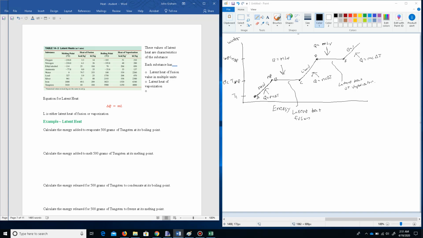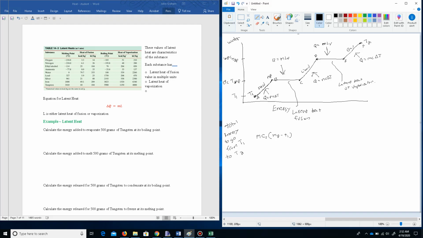And so if I wanted the total heat, so let's say I wanted total energy to go from T1 to T2, and let's say T1 is going to be at point A, T2 is going to be here, we'll call it F. The way we would do this would be, we would do M for the substance, C for the solid, I'll do a little S for solid, and I'll go from T1 to MP, so it'll be MP minus T1.